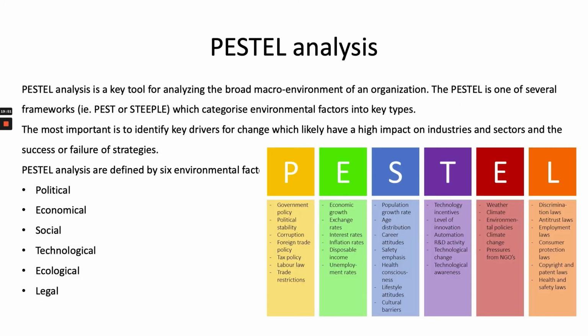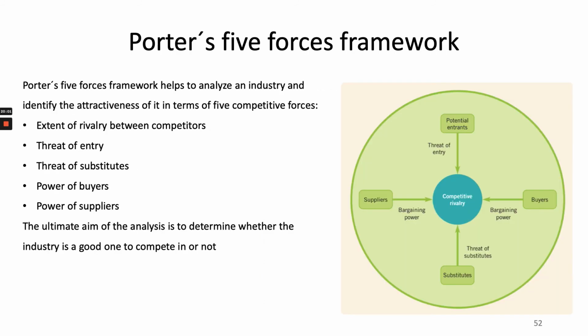You can use special analyses. Those are macroeconomic factors which have an impact on your company. You can do Porter's 5 forces, which helps you analyze the close, external environment, like threats of potential entrants, threats of suppliers, buyers, substitutes, and competitive rivalry.